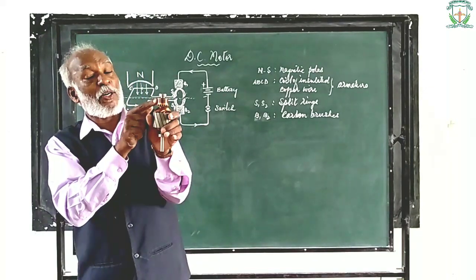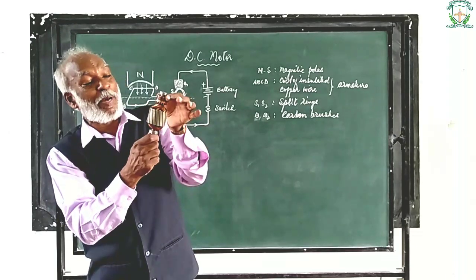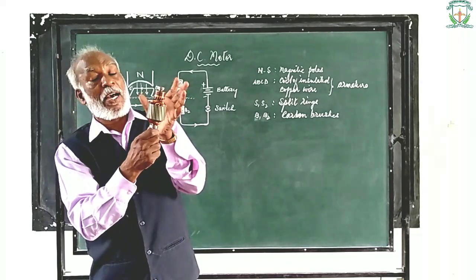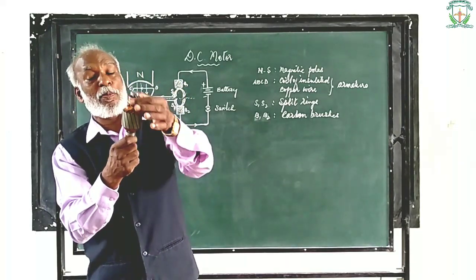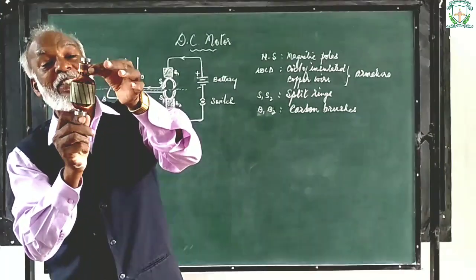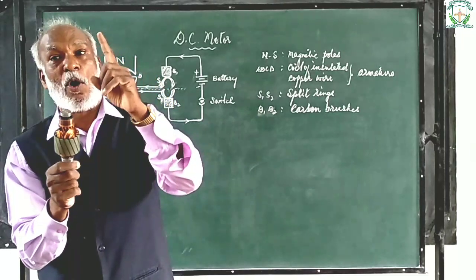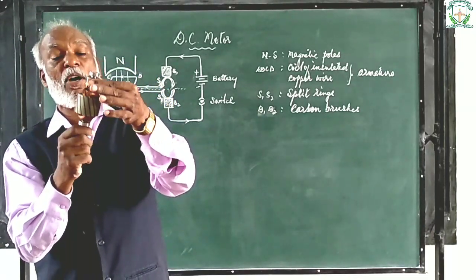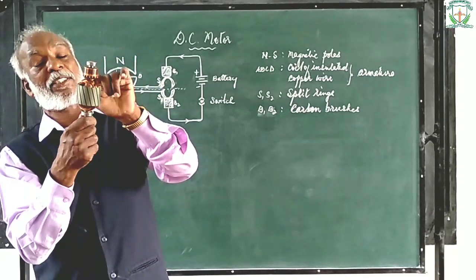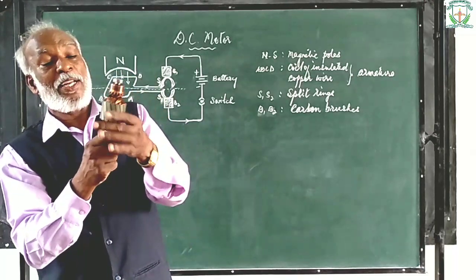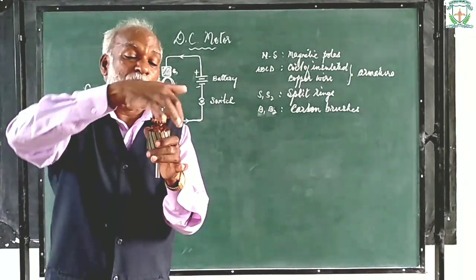And instead of 2 or 3 split rings, you have many split rings. If there are 9 coils, you will be having 18 split rings. For one coil, 2 rings. At the rate of 2 split rings per coil, you will have 18 split rings here.